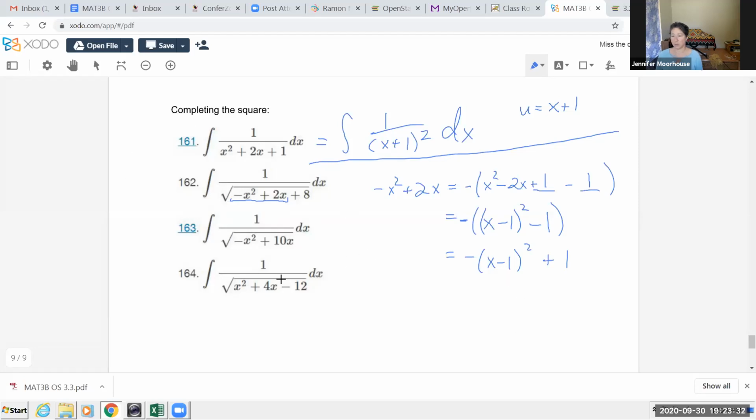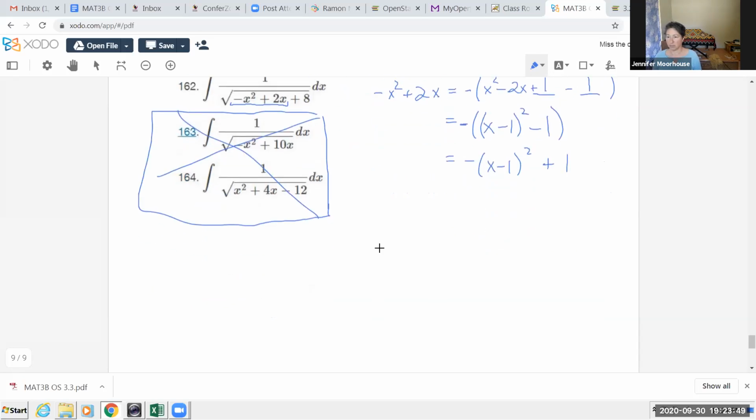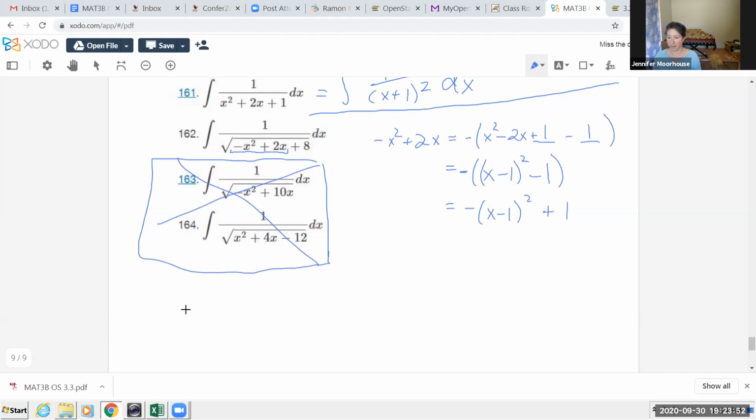So in the integral, we're going to have to set these aside for the moment. Maybe we won't do those, actually. I think just 2 examples is probably good enough. So now this integral, we're going to rewrite it as the integral of 1 over the square root of minus x minus 1 squared, and then there's a plus 1 and a plus 8, dx.